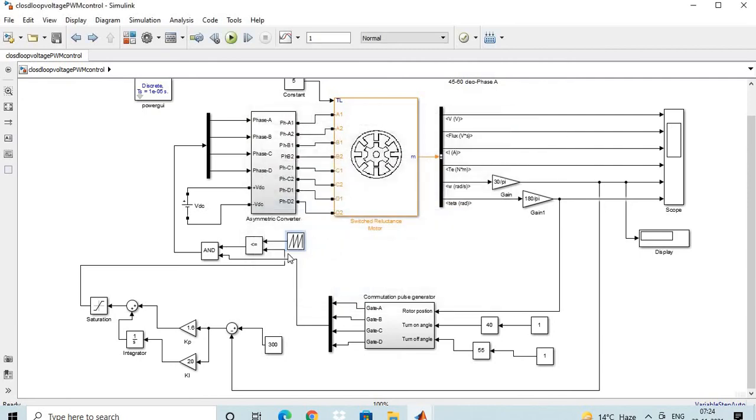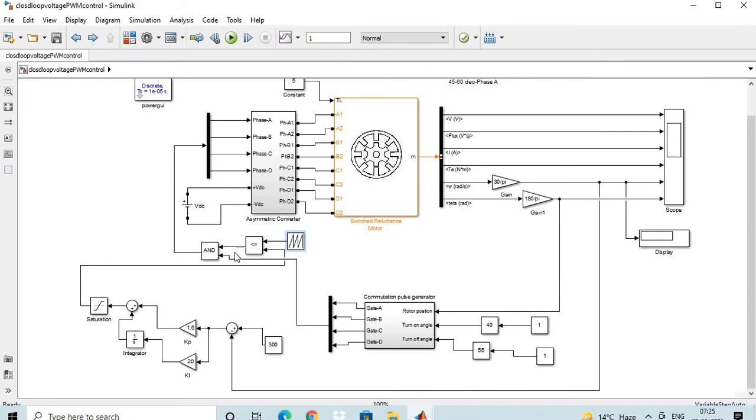Okay, then this signal is continuously compared with the signal from the speed controller. Whenever this signal is less than or equal to that signal, the output will be equal to 1.